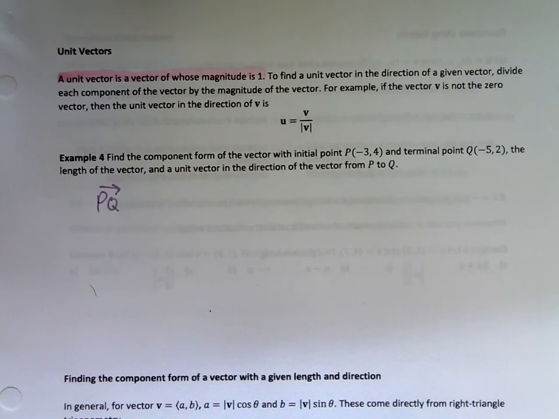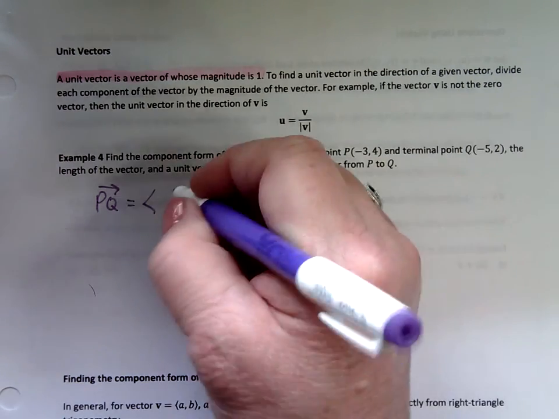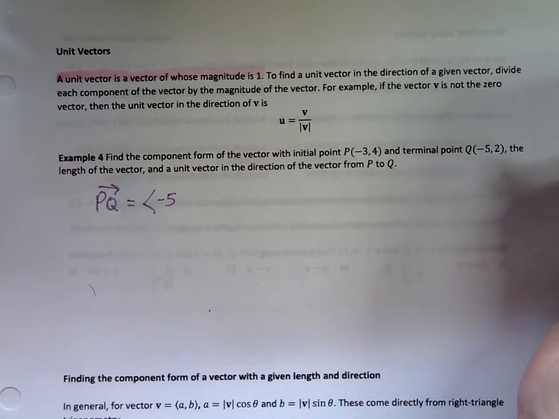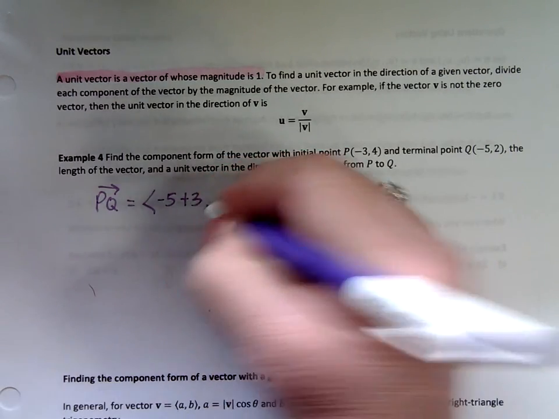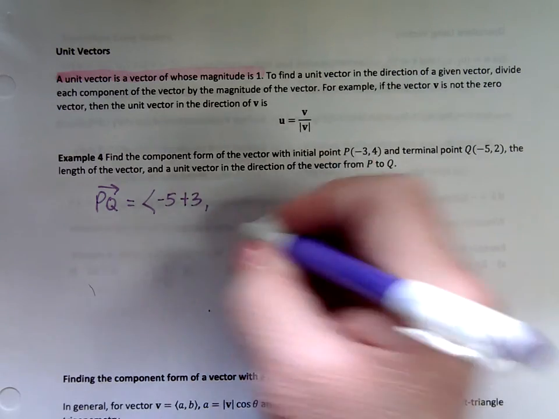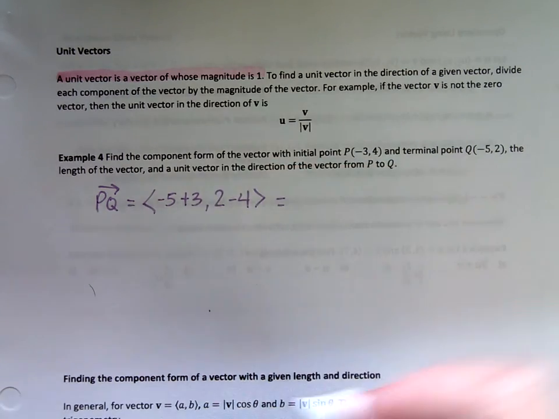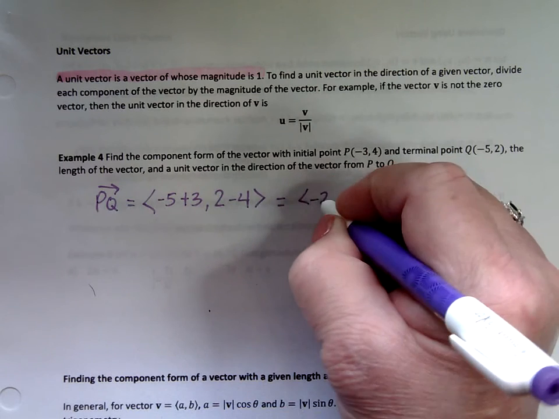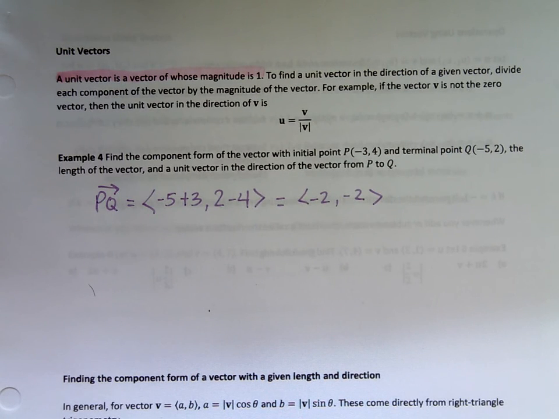This is the whole terminal minus initial. So Q, negative 5, minus a negative 3, my x value in there. So minus a negative 3 makes this plus 3. And 2 minus 4. I need to know what that vector would look like. So it's going to be a vector that is negative 2, negative 2, when I do that little addition and subtraction. That's the first part.